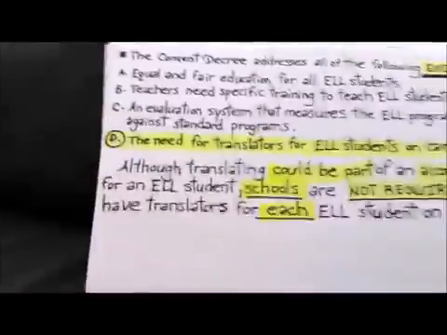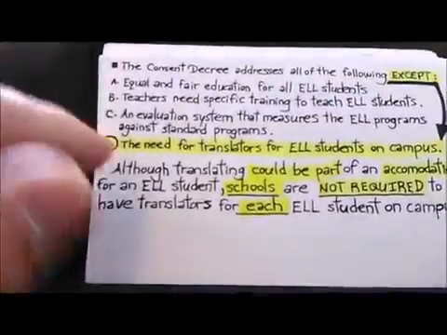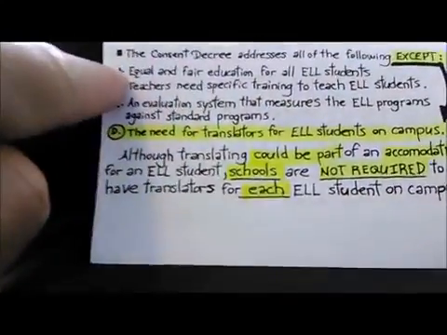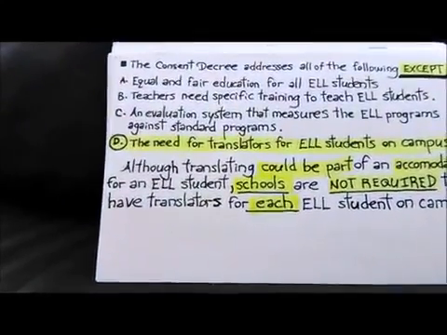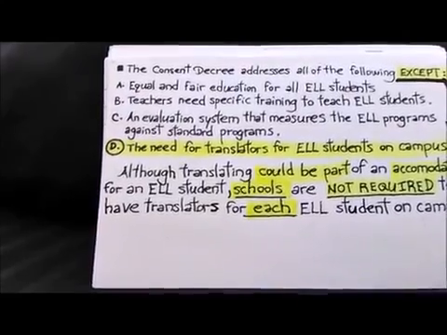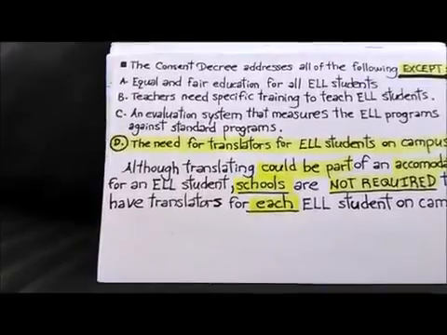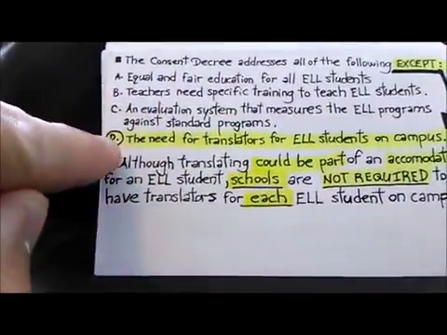I mean, that's impossible. Imagine how many translators they would have to hire. That's ridiculous, okay? But it addresses all the following: equal and fair education for all students. Teachers need specific training to teach ELL students. An evaluation system that measures the ELL programs against standard programs. It includes all that, but it doesn't include this, okay? It doesn't include D right here.